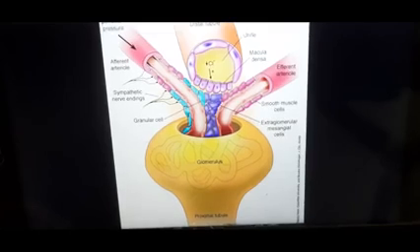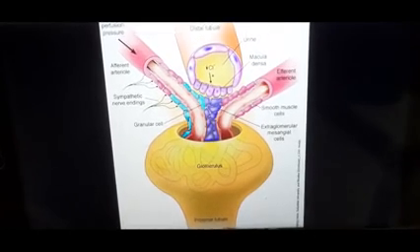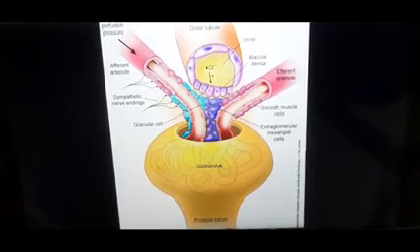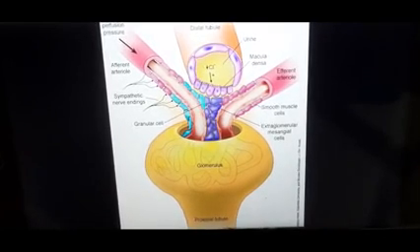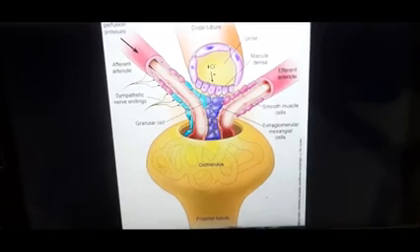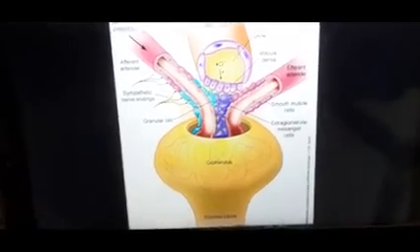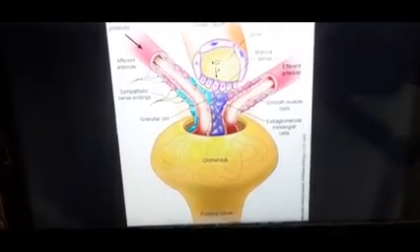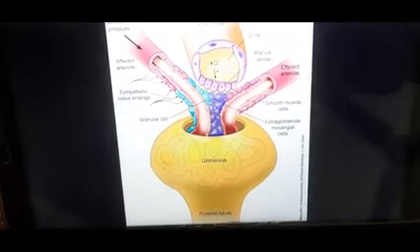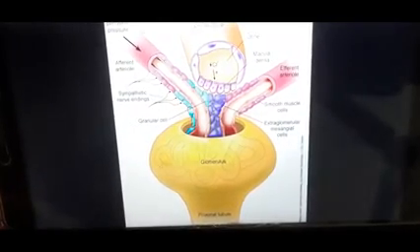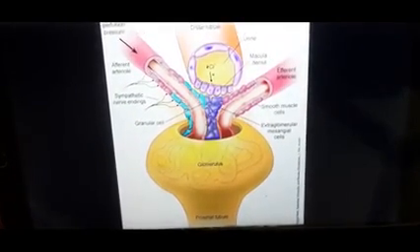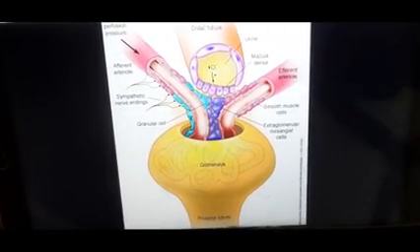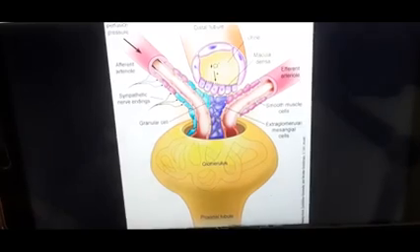This ADH hormone is increasing the reabsorption of water in collecting tubules. Then in our syllabus, the renin-angiotensin mechanism is most important, which we have not studied. So this mechanism is controlled by the juxtaglomerular apparatus.